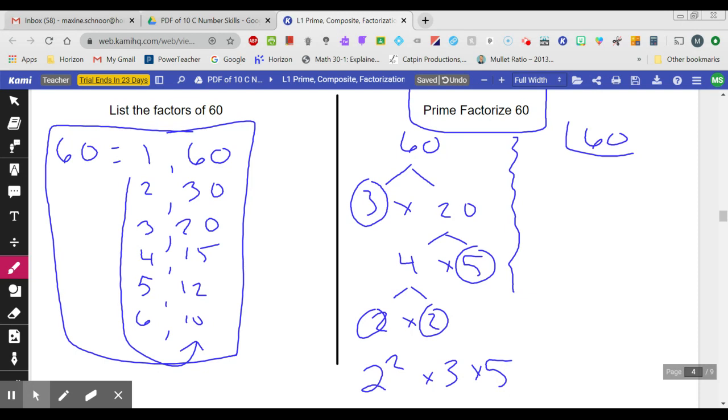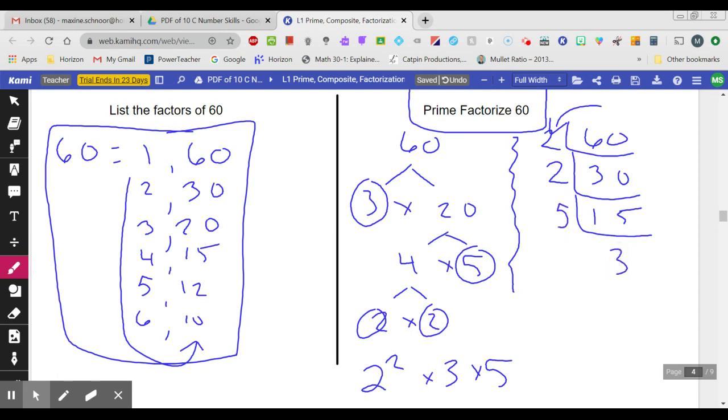Now, if you would do a stack, remember, you can't divide by 6, you can't divide by 10. Those are not prime numbers. You can only divide by primes. So since 60 is even, I'm going to divide by 2. So 2 goes in 30 times. 30 is even, so I'm going to divide by 2 again. Now, 2 does not go into 15, so I need to pick the next prime number, so I can use either 3 or 5, it doesn't matter.